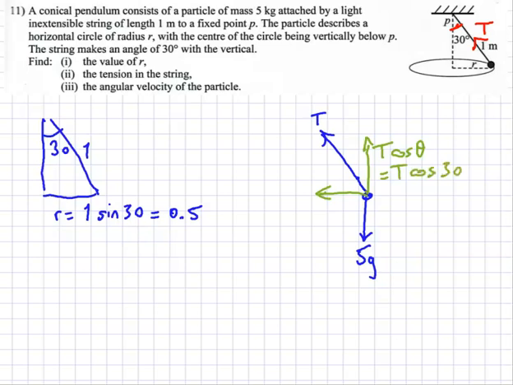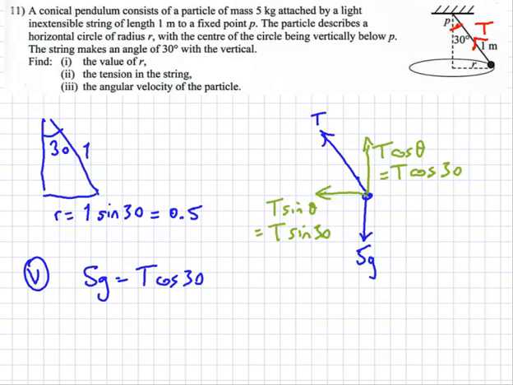The horizontal component, which effectively is creating the centripetal force, is tension multiplied by sine theta, so that's T sine 30. And the first thing we can do is say, well, vertically, your 5g has to equal the T cos 30. So let's just write that out.